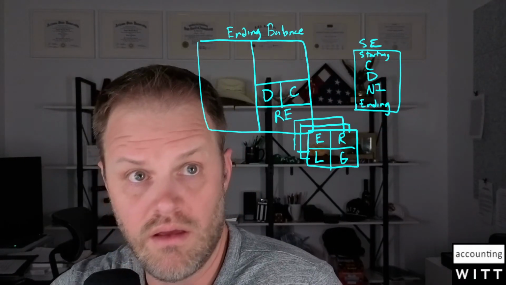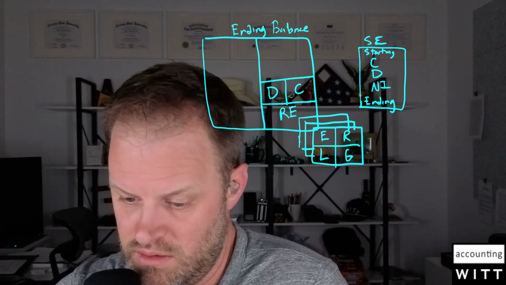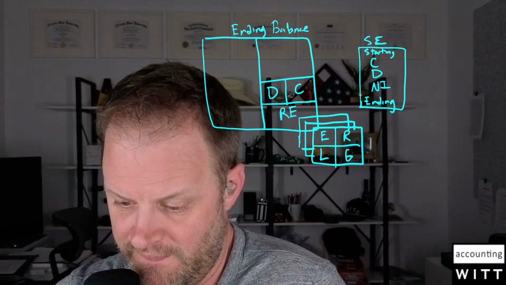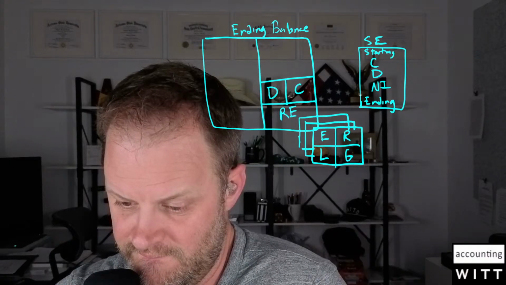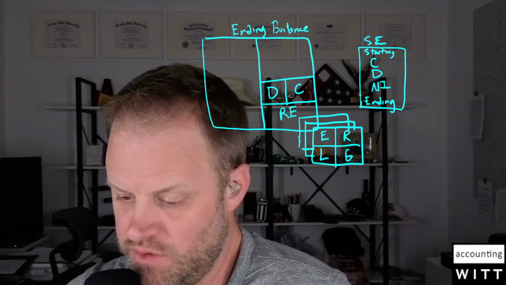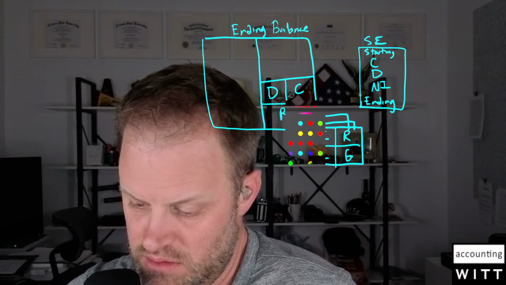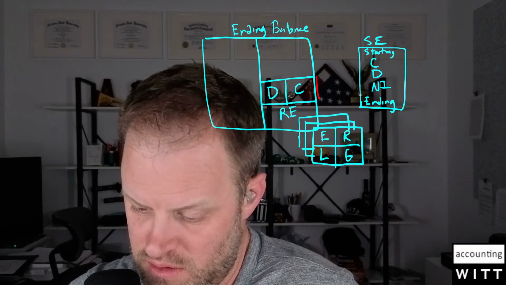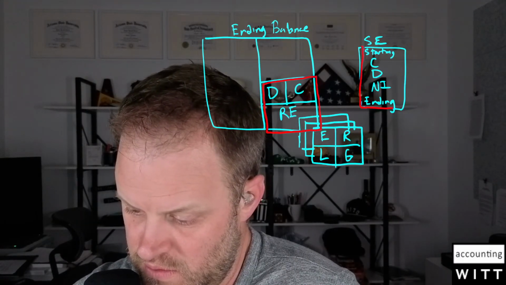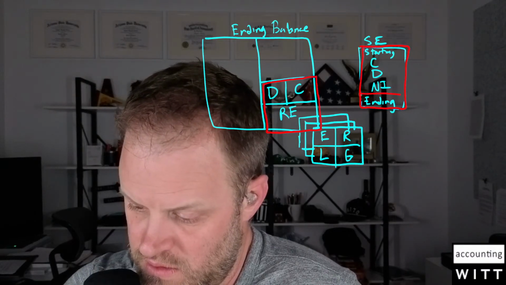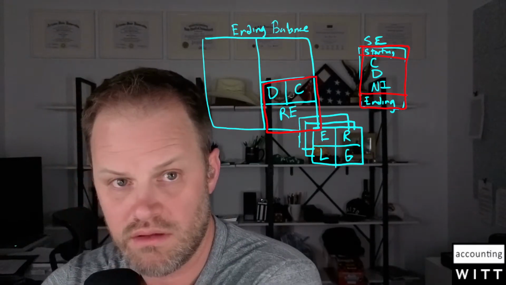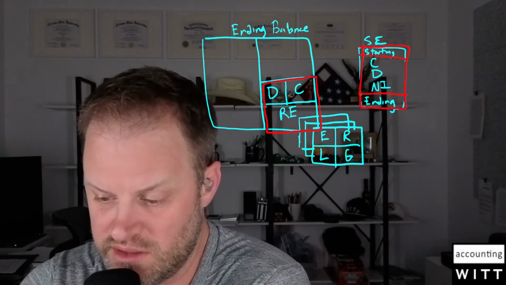So we've got the ending balance, and then stockholders' equity showing how it changed. So the statement of how equity has changed.